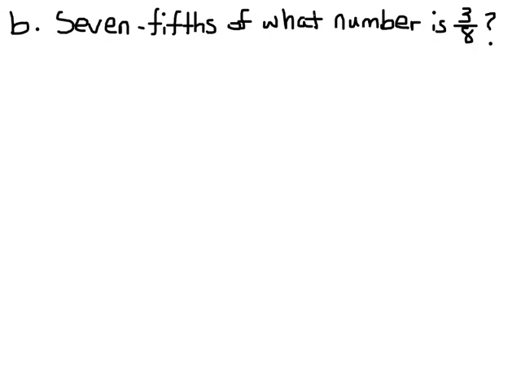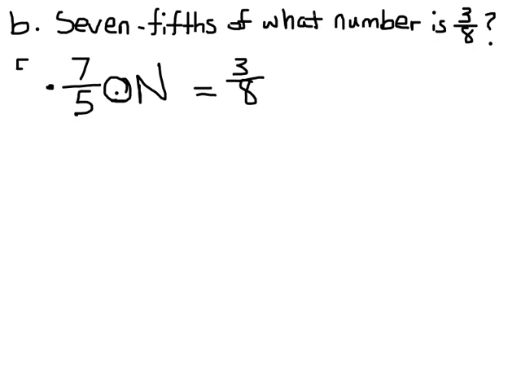Alright, B, 7/5 of what number is 3/8? Now in this one, I've got multiplication. So to undo multiplication, I have to do division. And when I'm dividing a fraction, I use the reciprocal and multiply.